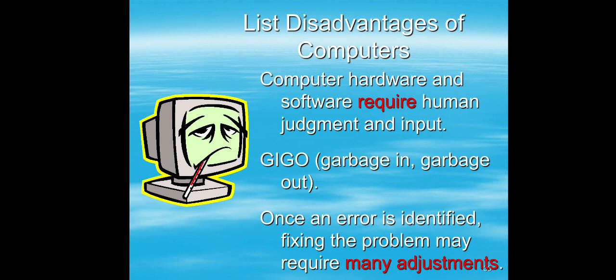If you make an error, it is very difficult for you to check the error because everything is recorded digitally, and when you have detected the error, it takes time to do all the adjustments or corrections.